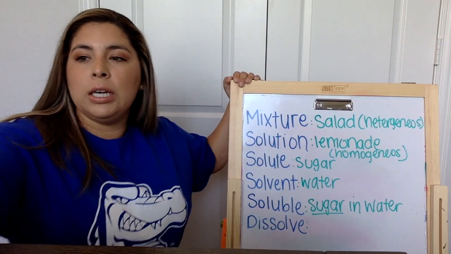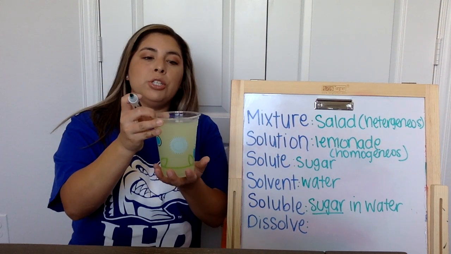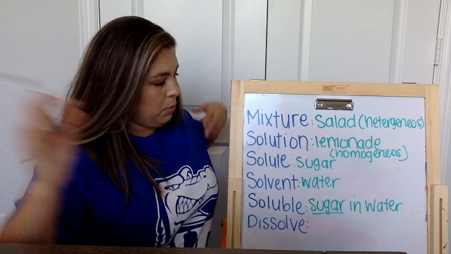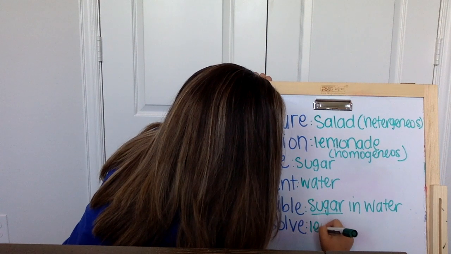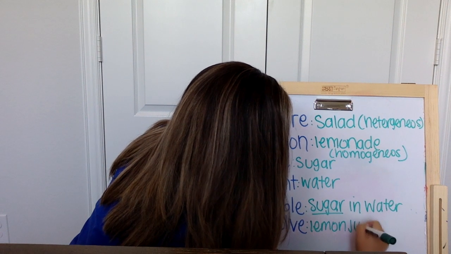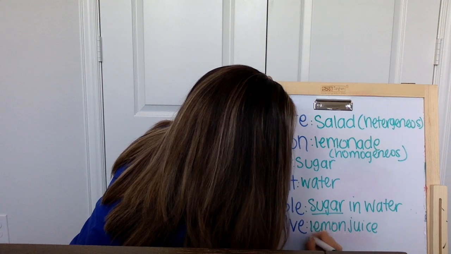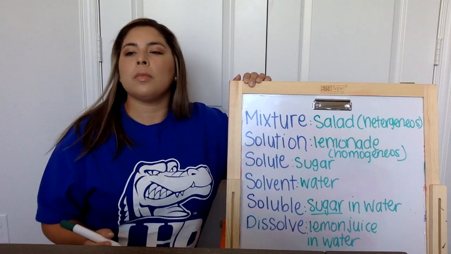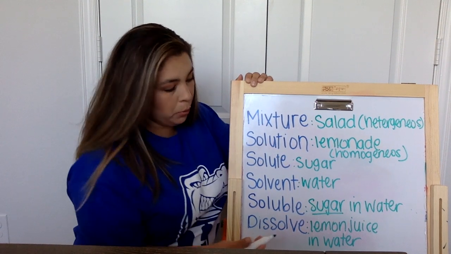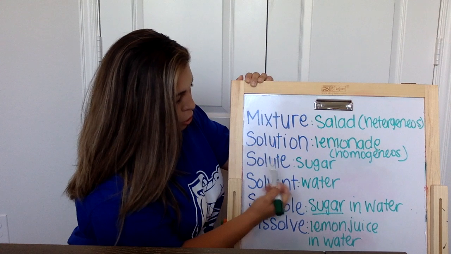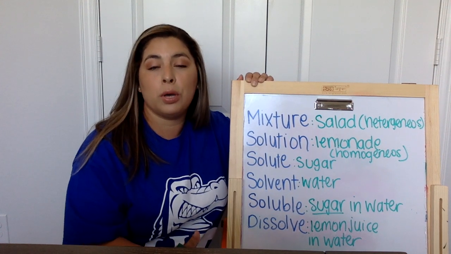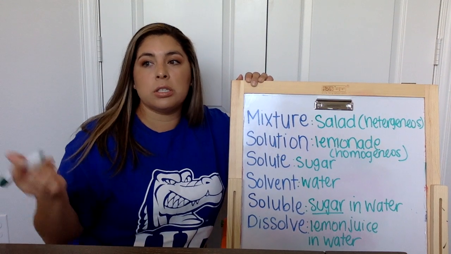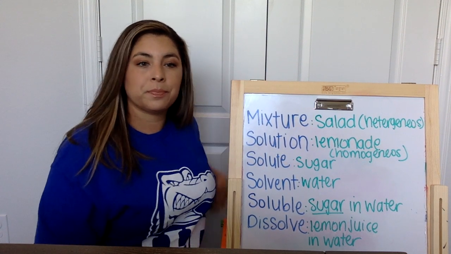Because remember, the only way we know that there's lemon juice in the lemonade is because it changed color. Okay, so we can put lemon juice in water. And because the sugar was the solute, we could also put that as an example underneath there. You could also say that the sugar dissolved in the water of the lemonade.